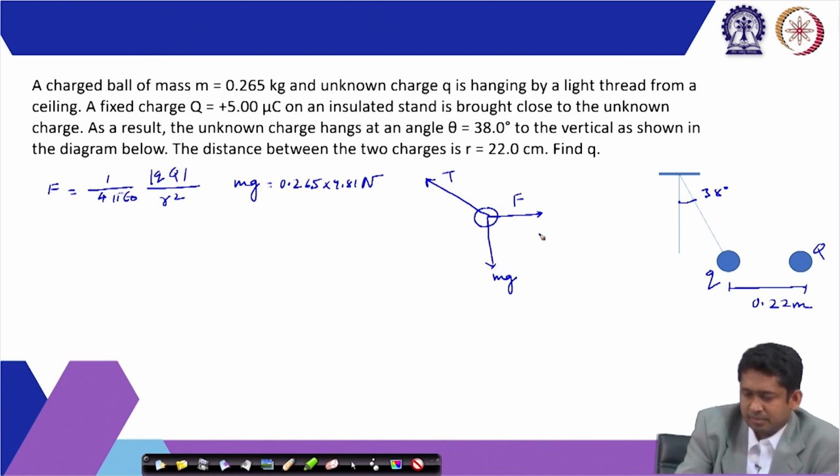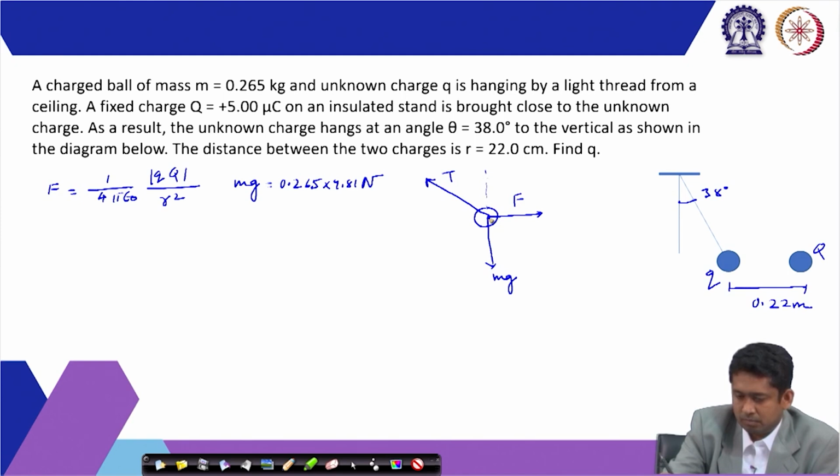Now, from this free body diagram, this angle is 38 degrees.